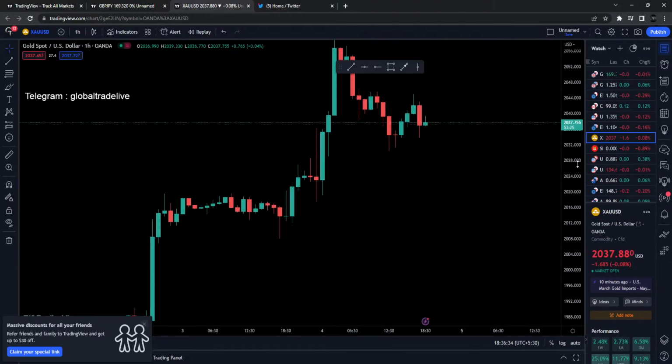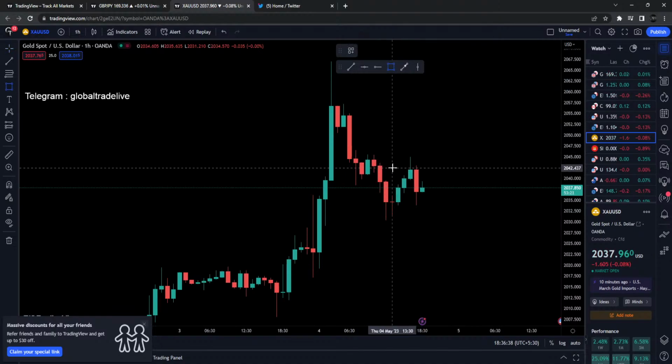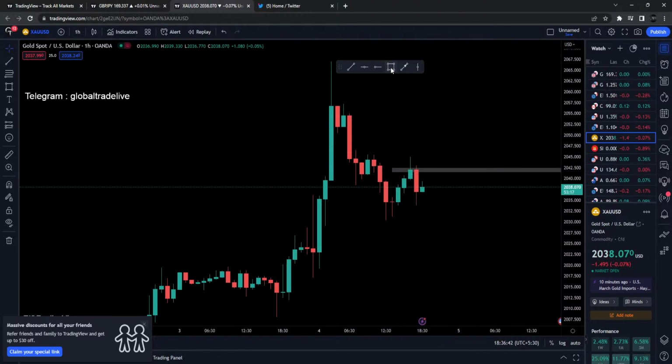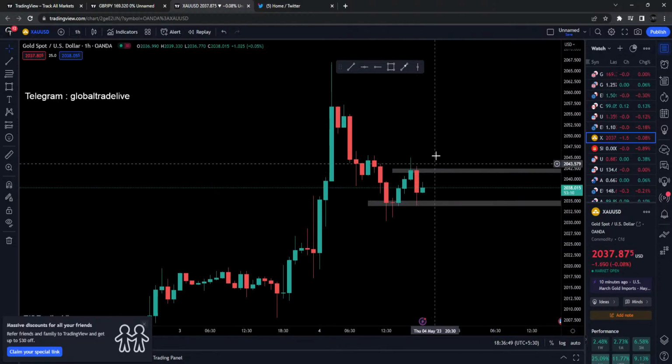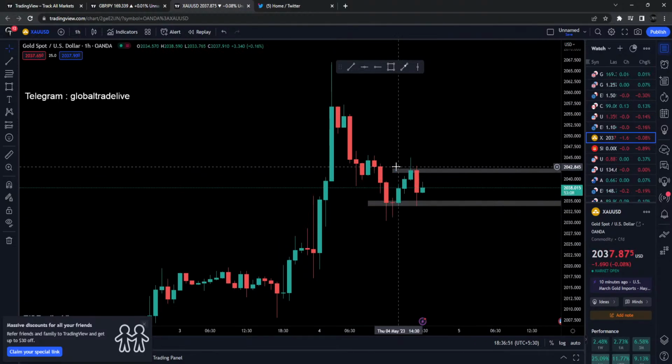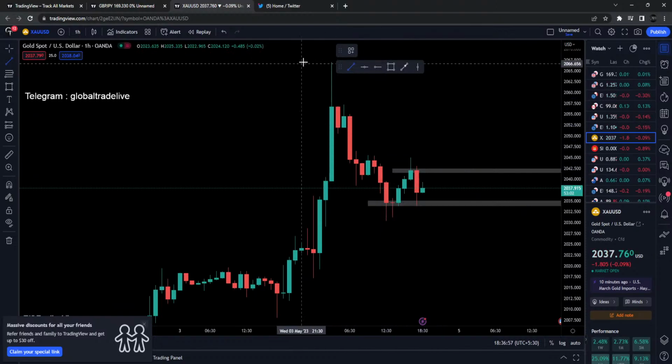By looking at the 1 hour time frame, the market has created a resistance over here, and there's a support over here, right? So this is 1 hour time frame, and now the market is actually creating lower lows and lower highs.